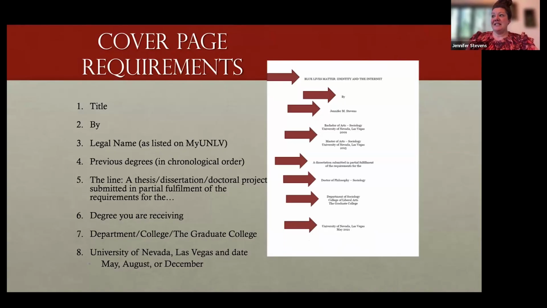A lot of times, let's say you have your defense in April for the spring or March, students will put March of that year or April of that year. And we're in the fall now, so we'd be using December. So even if your defense was in October or November, you'll always want to have December 2025, right? Or if you're doing it for the spring, it would be May 2026.